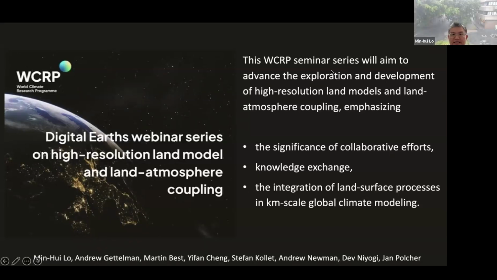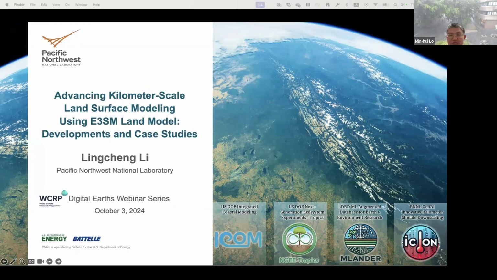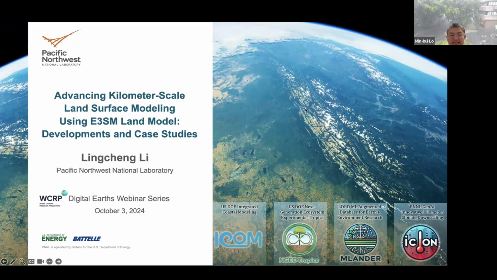And today it is our pleasure to have Dr. Yifan Li share his group's recent findings on this high-resolution land model data set. So Yifan, you can share your PowerPoint file if it's ready. This data set can be very useful for advancing kilometer-scale modeling, since it provides very critical boundary information. Right now I would like to quickly introduce Yifan. Yifan graduated from UT Austin in 2020, where he got his PhD.